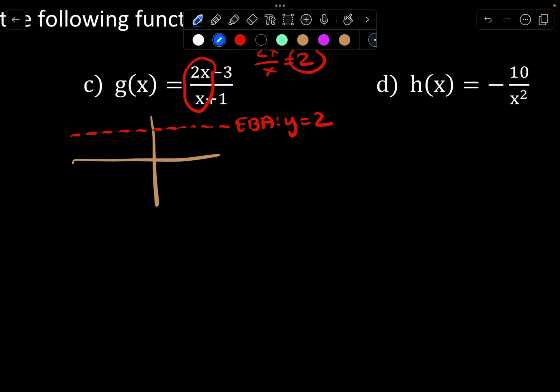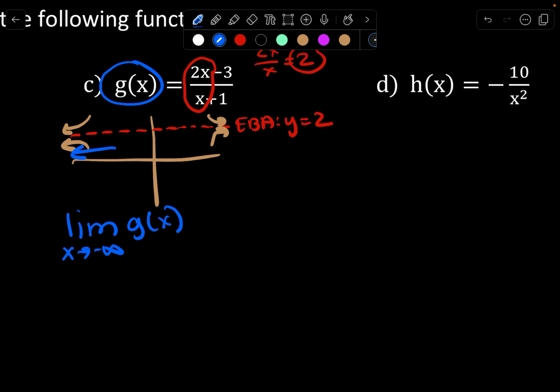But let's see. So we don't exactly know what this function is doing, but we do know that it's going to be approaching the end behavior asymptote. Whether it's above or below, it doesn't matter because it's always approaching the same value. All right, so the limit as x approaches negative infinity for g of x again, they are approaching the end behavior asymptote.